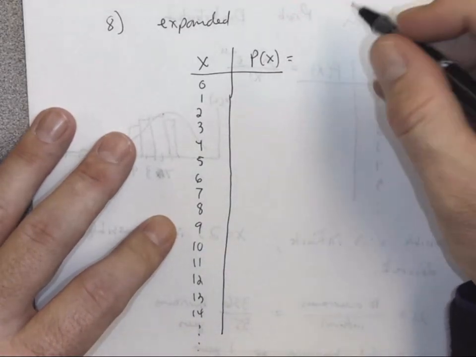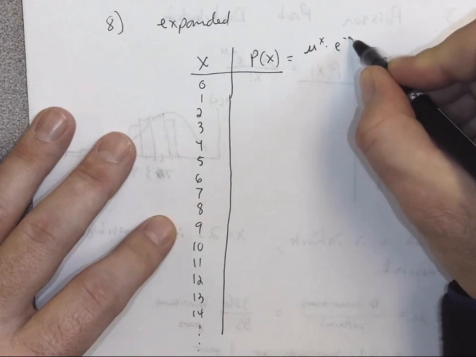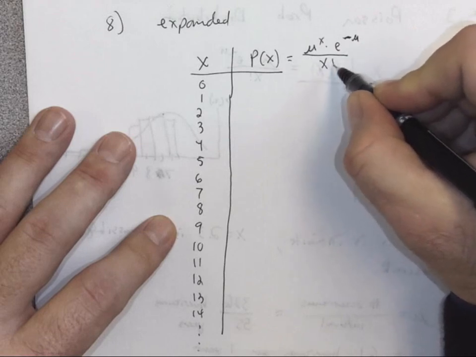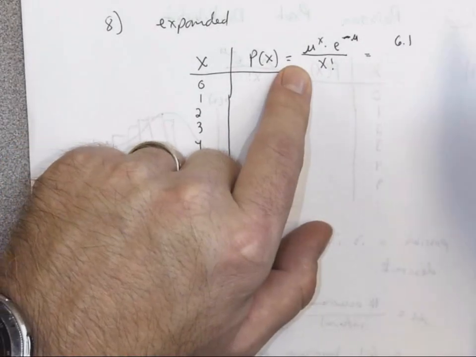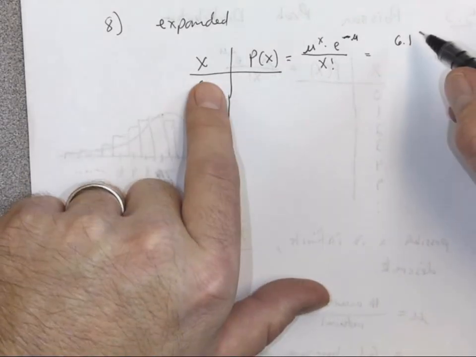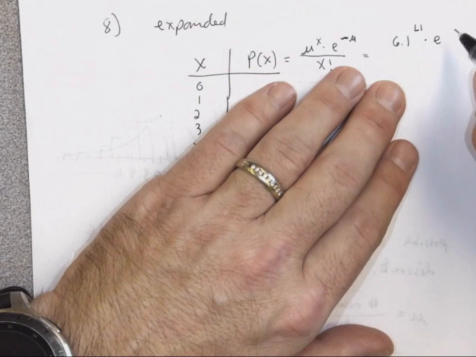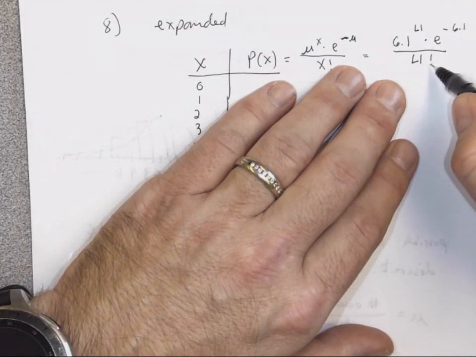Now remember that p of x is going to be equal to mu to the x times e to the minus mu, all over x factorial. And what we know in this situation is that the mean is 6.1. And then our x, if we're going to use our table, is going to be 6.1 to the L1 times e to the minus 6.1 all over L1 factorial.